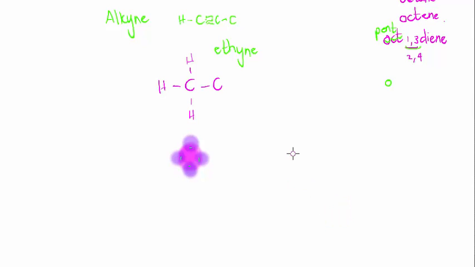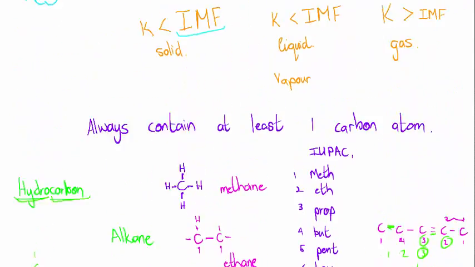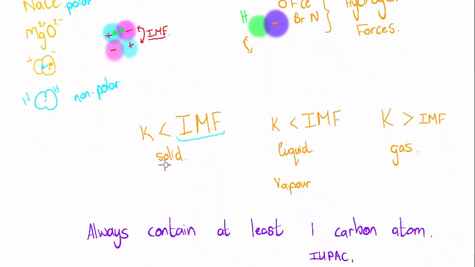It's non-polar, so there's only a slight attraction between methane molecules and other methane molecules. So what do you guys think? At room temperature, methane would be in what form? A solid, a liquid, or a gas? It's a liquid, you're saying.